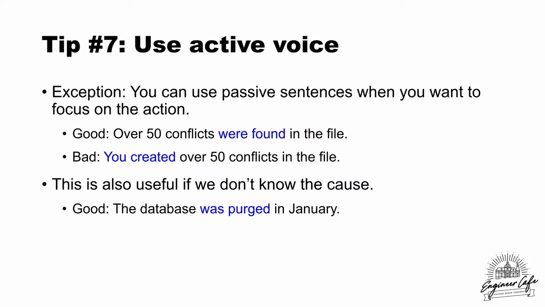There are some times that we still want to use passive voice. One is if you want to focus on the action. I really like these examples from Google. It's probably good to say something like "over 50 conflicts were found in the file." If we say "you created over 50 conflicts in the file," it's a little bit aggressive. If that was an automated message, it's not so bad.